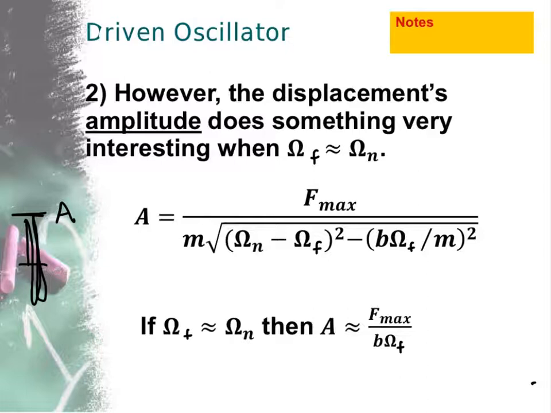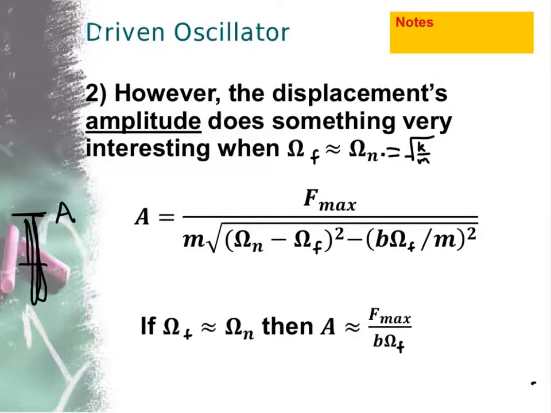And that amplitude depends on a lot of things. It depends on the maximum force I exert with my hands when I've grabbed that mass, the mass, the natural frequency, my driving frequency, and the damper. Now, something really interesting happens if I choose to drive my force with an angular frequency that's approximately equal to the natural frequency, and remember that's equal to the square root of k over m.